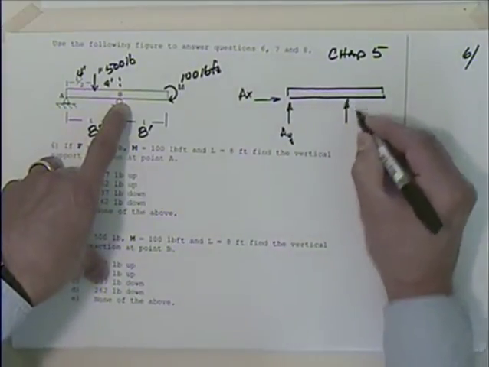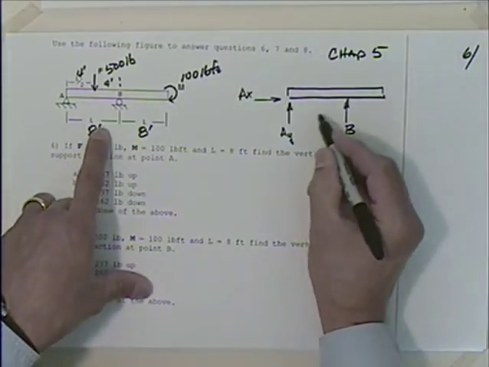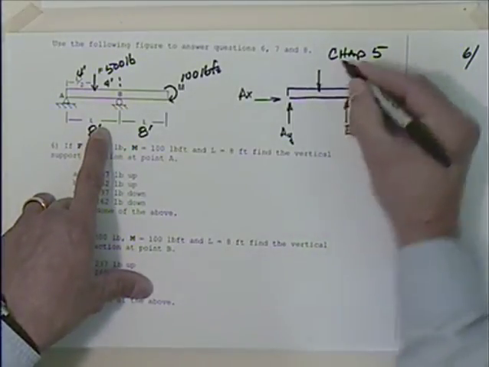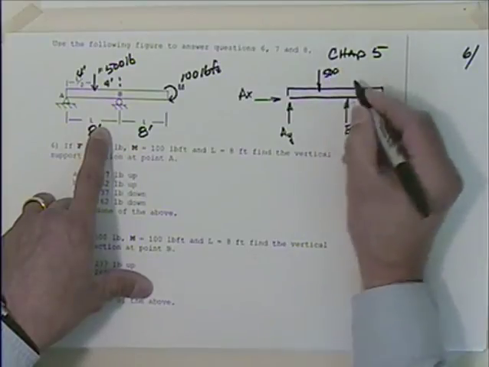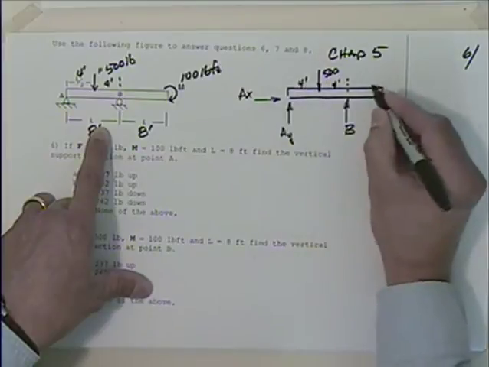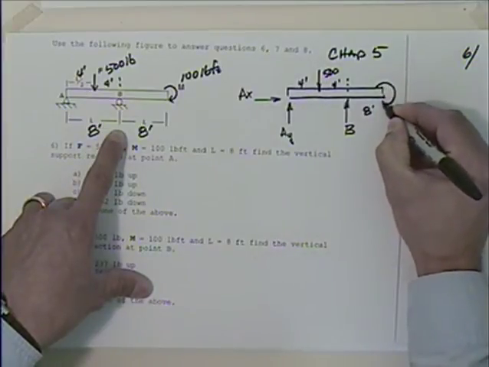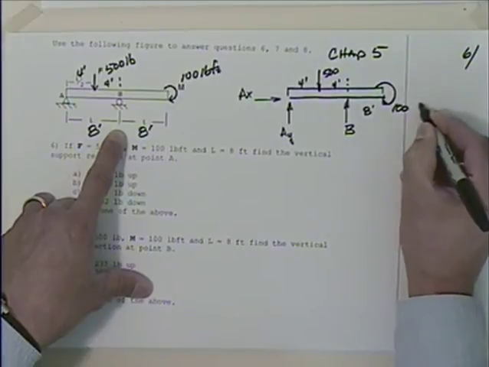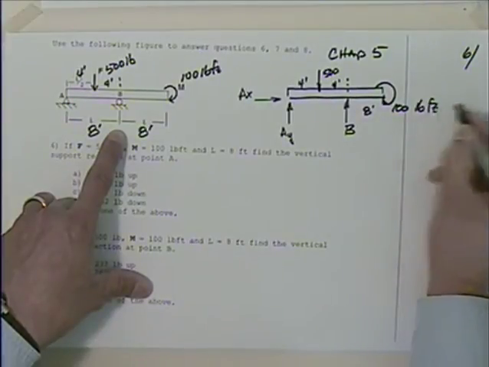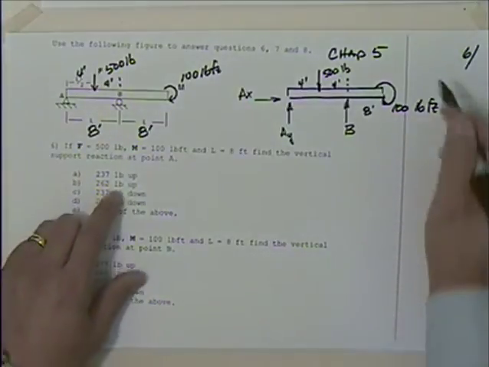I've got then B, I'll just say B because it's a roller, I only have one of them. We've got 500 here acting down, 4 feet, 4 feet, 8 feet, and then we have this concentrated moment out here on the end, 100 pound-feet. So proper free body diagram is important. I think that's a proper free body diagram.